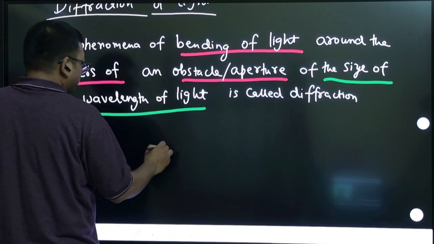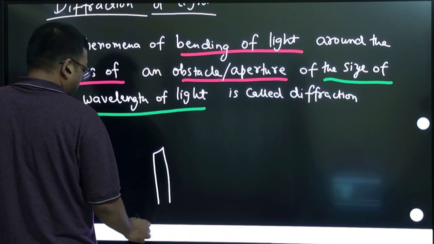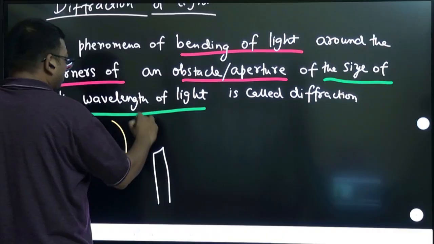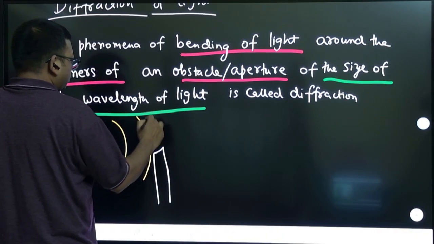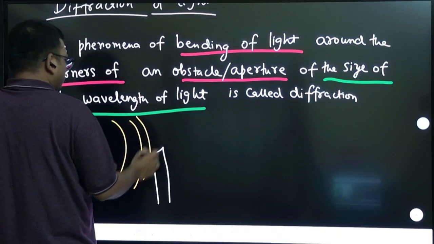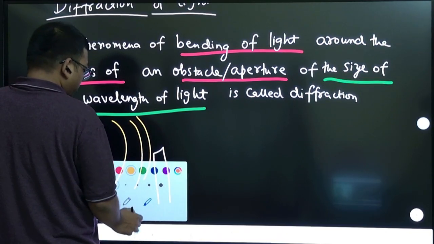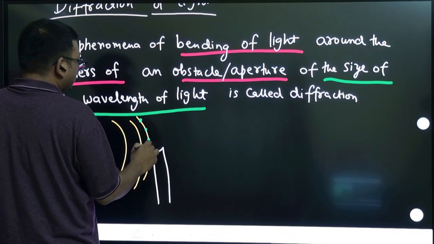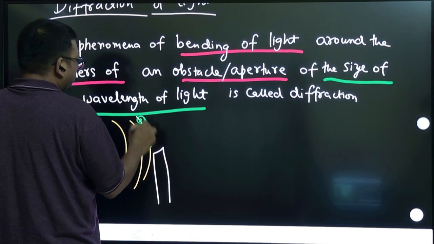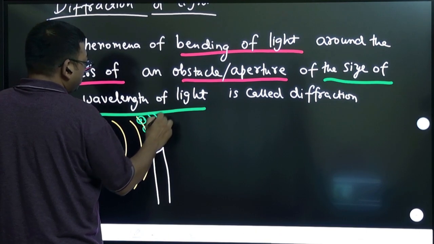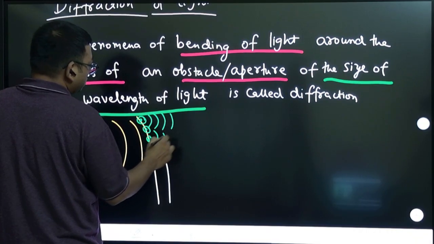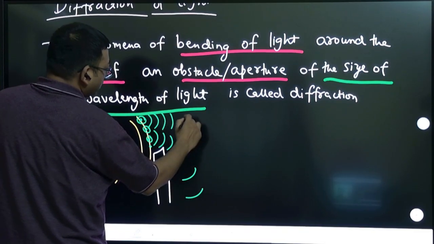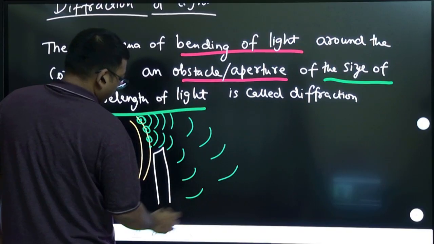Suppose there is an aperture like this, and let us consider that the wavefronts are coming. These wavefronts are getting exposed here like this. Each point on the wavefront emits its own secondary wavelets like this. So you can see that the waves can go this side also. It can bend here also.